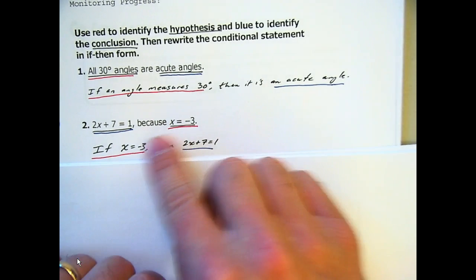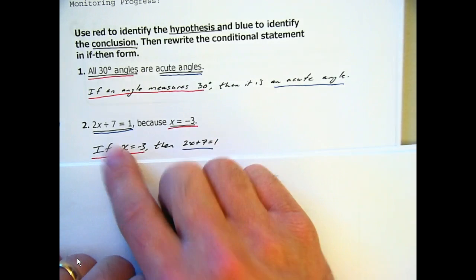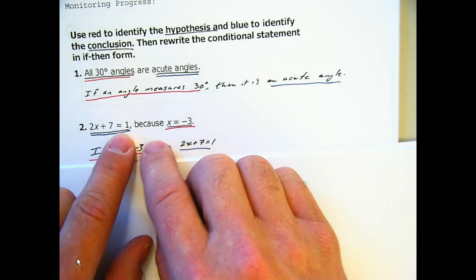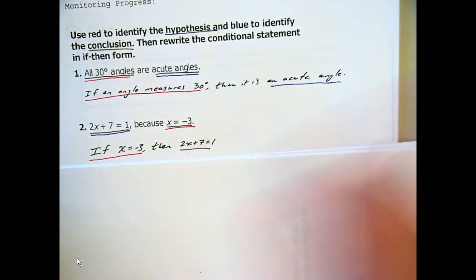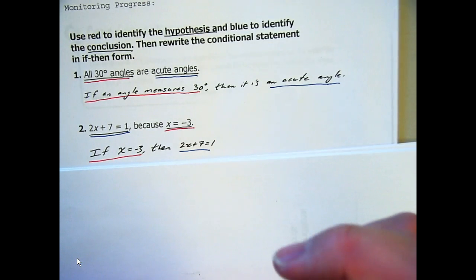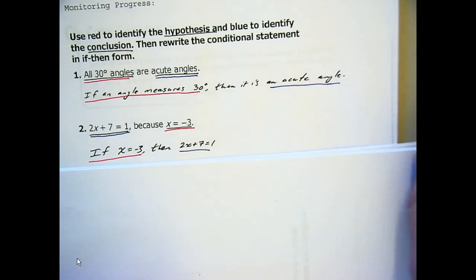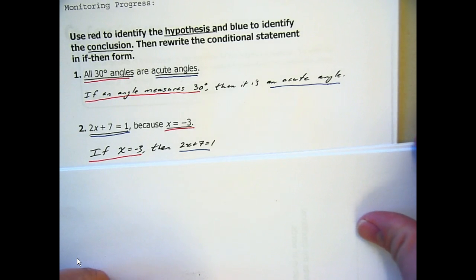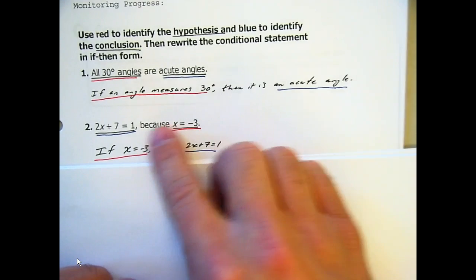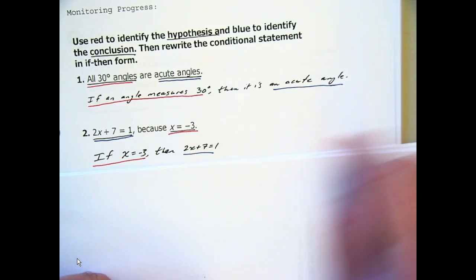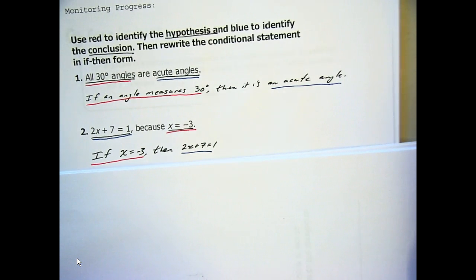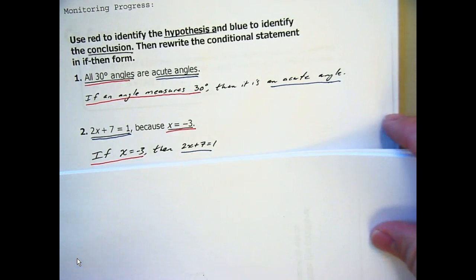Because x equals negative 3, 2x plus 7 equals 1. So you have to have it in that order. Is that your question as well? Yeah, it's because we have the reliant word because on there. Okay? All right. Any questions?